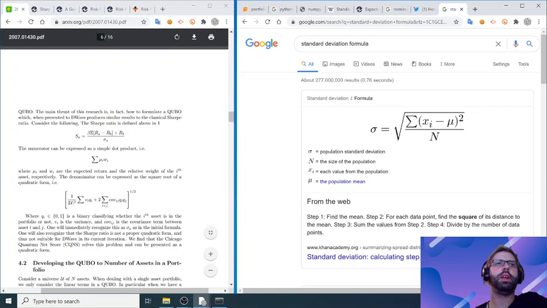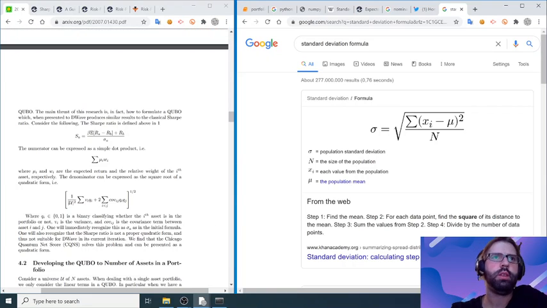And here they're saying that this can be expressed as the square root and then a quadratic form, where basically they take the sum of the, so where is V? V is the variance. So the variance of each asset, and Qi is basically a qubit, right?